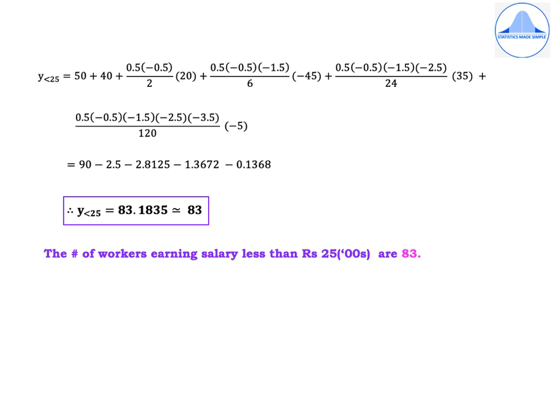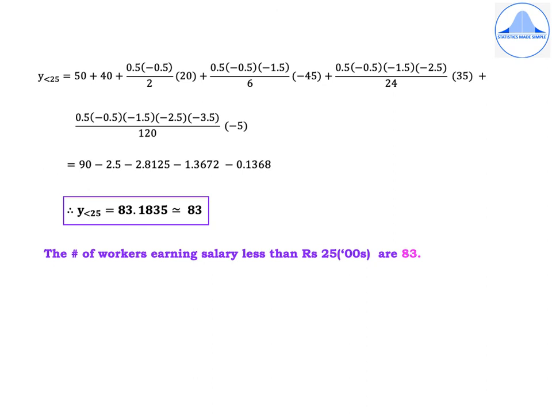So y less than 25 is equal to 50 plus 40 plus 0.5 into minus 0.5 divided by 2 into 20 plus 0.5 into minus 0.5 into minus 1.5 divided by 6 into minus 45 plus 0.5 into minus 0.5 into minus 1.5 into minus 2.5 divided by 24 into 35 plus 0.5 into minus 0.5 into minus 1.5 into minus 2.5 into minus 3.5 divided by 120 into minus 5, which gives us 90 minus 2.5 minus 2.8125 minus 1.3672 minus 0.1368.